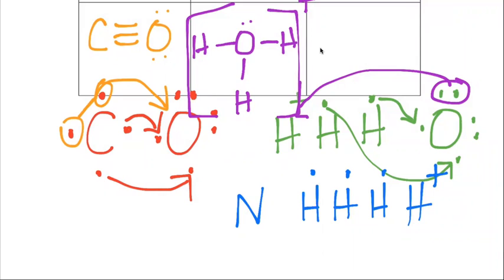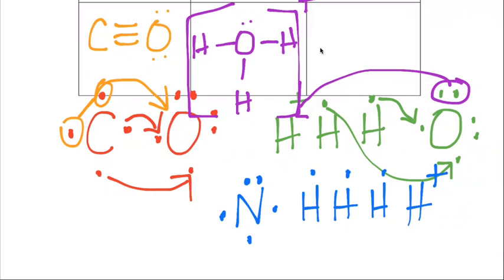Now, nitrogen, anybody remember how many valence electrons nitrogen's got? 5. It's got 7 total, but only 5 valence because it's in group 15. The other 2 are on the first energy level, so they're not valence electrons. All right, so 5 for nitrogen.